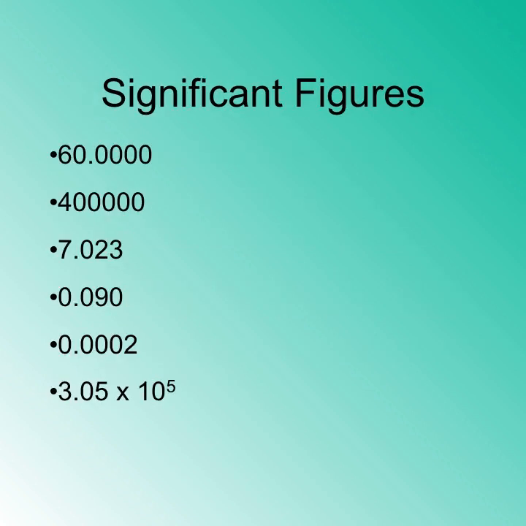All right, let's get some practice with significant figures. On this slide, you see 6 numbers with varying levels of significant figures. Let's take each one of them at a time and analyze it. In the first bulleted number, you have 60.0000. The 6 is significant because it's a non-zero integer.